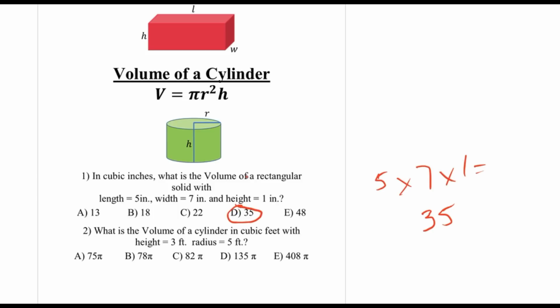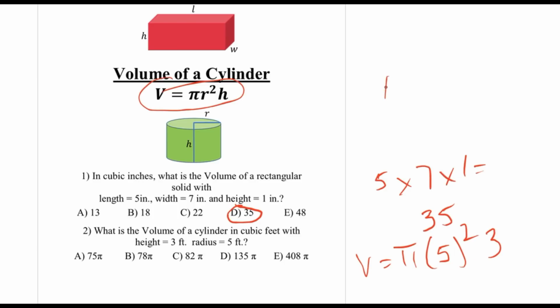Number 2, what is the volume of a cylinder in cubic feet with height equals 3 feet, radius equals 5 feet? Looking at the formula, volume equals pi r squared h. Volume equals pi times radius squared times the height, which would be pi times 25 times 3.